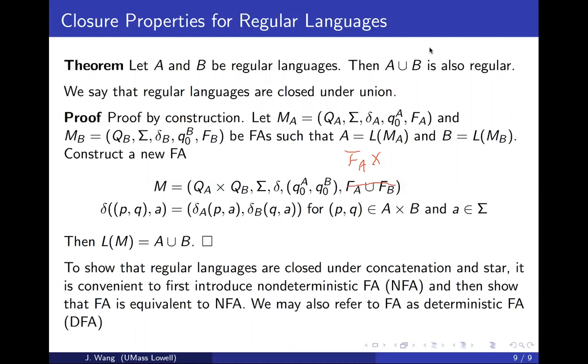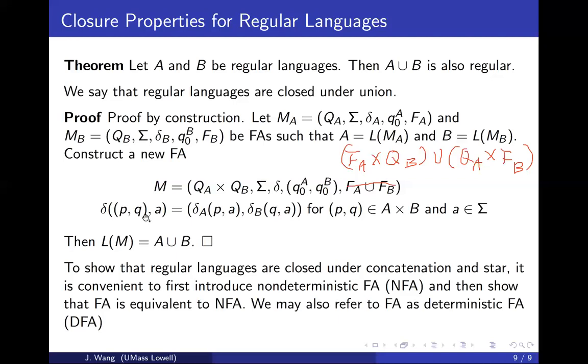So this means that FA accepts it, so I don't care about the other one. Or QA cross FB. So that's our set of accept states. I will make a correction on the slides for you guys.